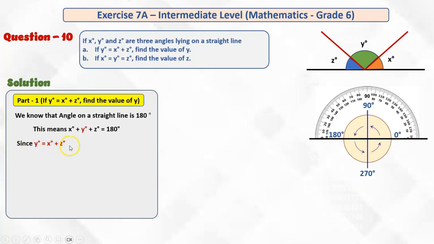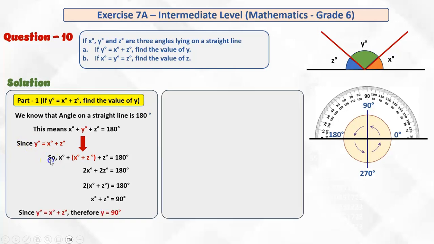Putting this value in this equation, it becomes x plus z plus x plus z is equal to 180. This means 2x plus 2z is 180, taking 2 as common and dividing both sides, gives us x plus z is equal to 90 degree. And if x plus z is 90 degree, then since y is equal to x plus z, y is equal to 90 degree.